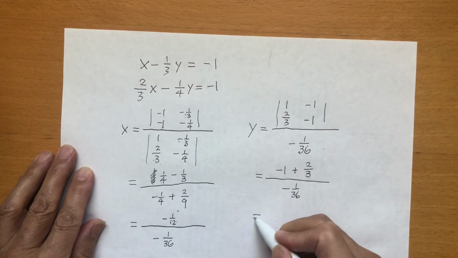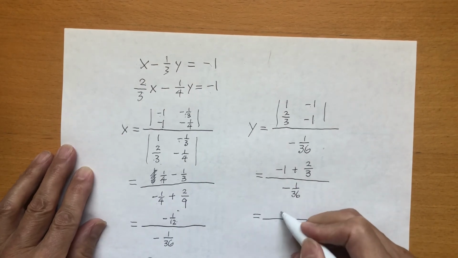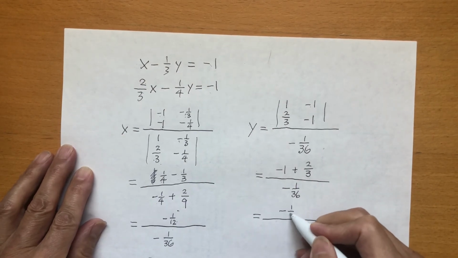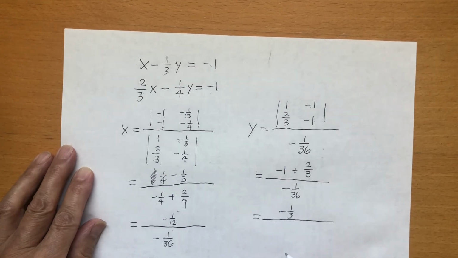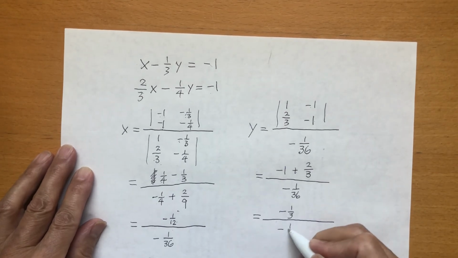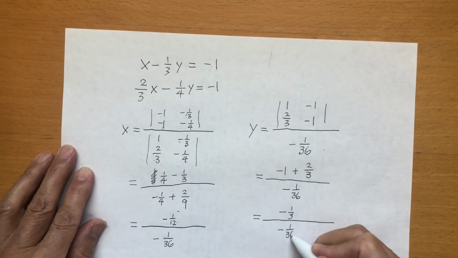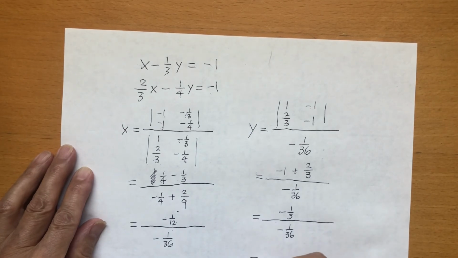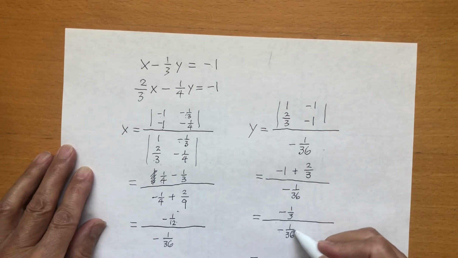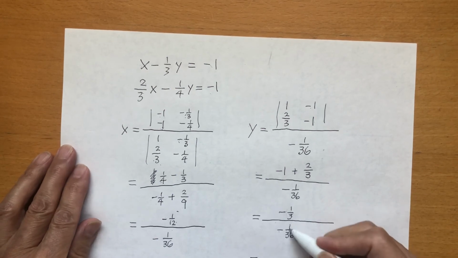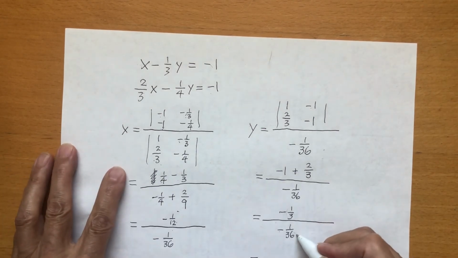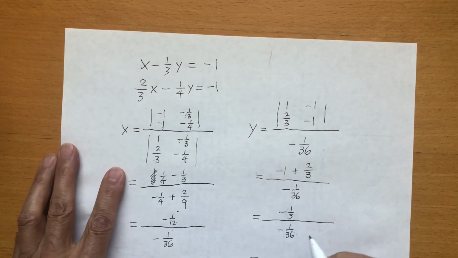So this is -1/3 over -1/36. Negative divided by negative is positive, and this divided by that is 36/3.